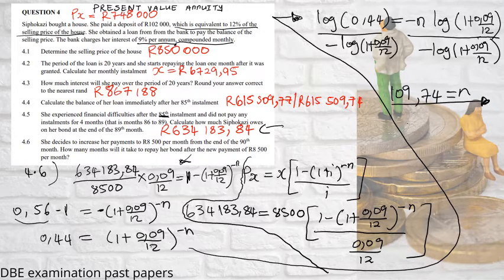So we can answer the question, how many months will it take to repay the bond? It will take 109 months. We can assume probably it will be 110 months, if we round it off to the nearest month.